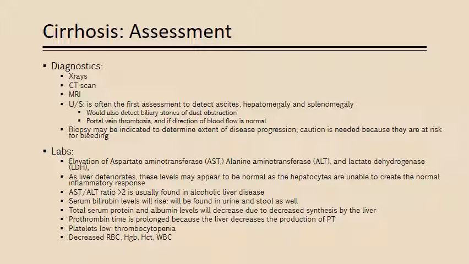The total serum protein and albumin levels will decrease due to the decrease in synthesis by the liver. It can't synthesize it, so it doesn't get utilized. The prothrombin time is prolonged because the liver decreases the production of prothrombin. The platelets will be low, which we've mentioned, and they're also going to have a decrease in the red blood cells, hemoglobin, hematocrit, and in the white cells.